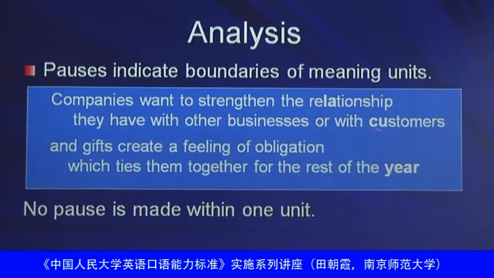And then we've made the pauses here. Companies want to strengthen the relationship they have with other businesses and with customers, and gifts create a feeling of obligation, which ties them together for the rest of the year. And we can feel that we have 4 parts, and each part is a unit.